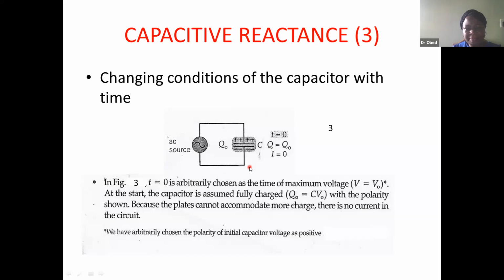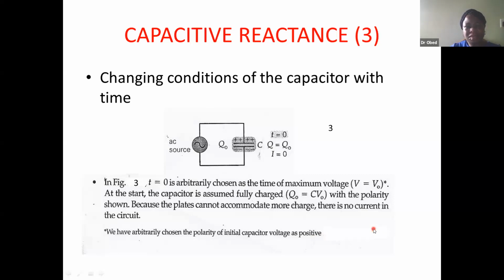We have arbitrarily chosen the polarity of the initial capacitor voltage as positive. So that's the first condition we are looking at.